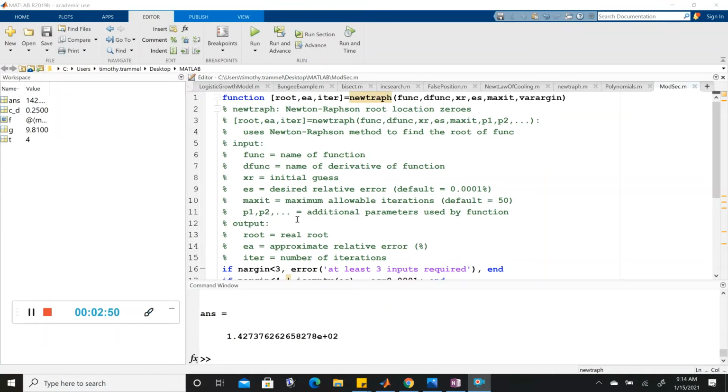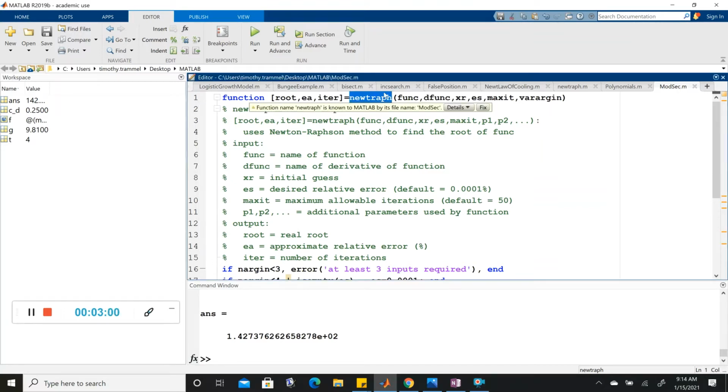Now that we're in MATLAB, you can see I've named this MODSEC for modified secant, so I need to change the name here. All I've done is copy and paste our Newton's method code here. We're just going to make some slight modifications. I used capital M, capital F, S, and that's up to you.